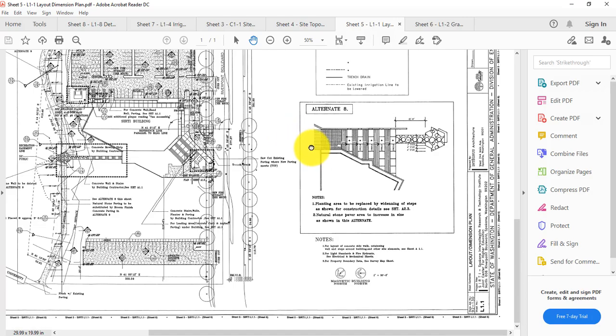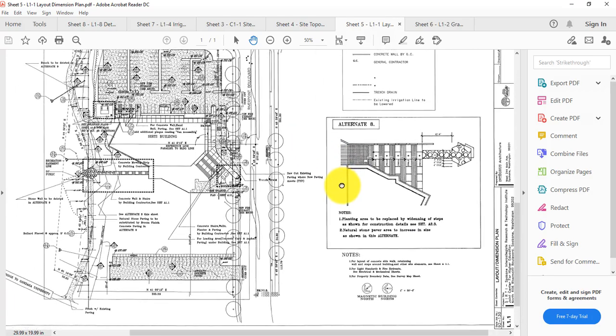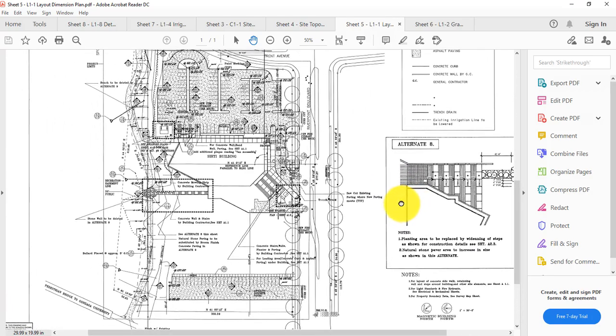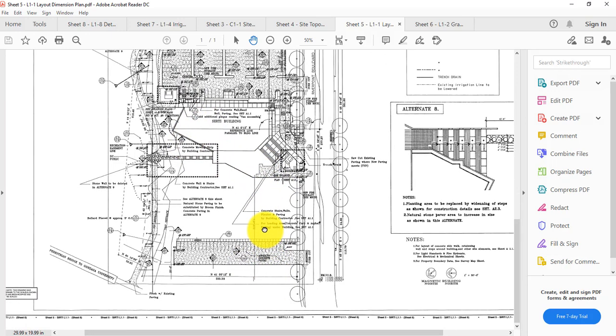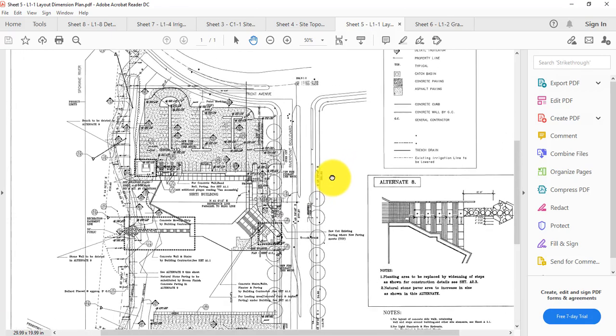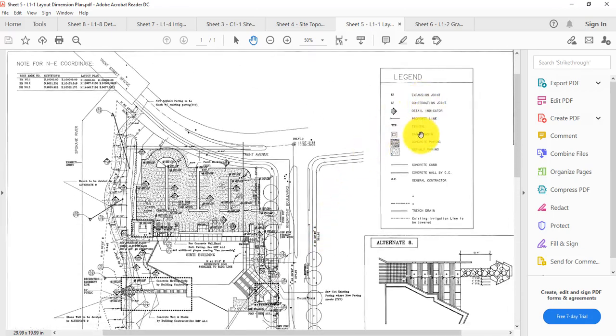This one shows the layout with dimensions. So you'll find dimensions of the typical parking and some other dimensions of how far it is from the property line to the building, that kind of thing. And here's a legend showing you what we talked about before.